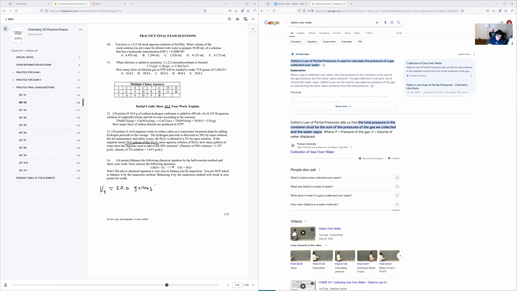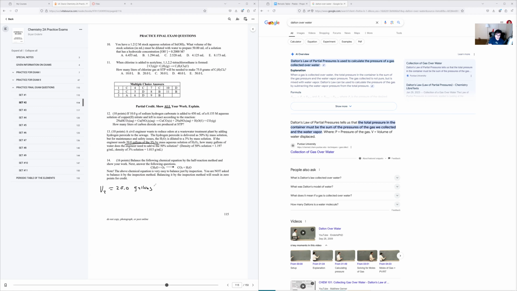Why are you allowed to do this? Because the mass has to stay the same. If you're just adding water, then all of the mass from the 50% solution is still going to be all the mass you have in the 3%. You don't get to add more mass, and you can't add less mass, because it has to be 20 gallons.